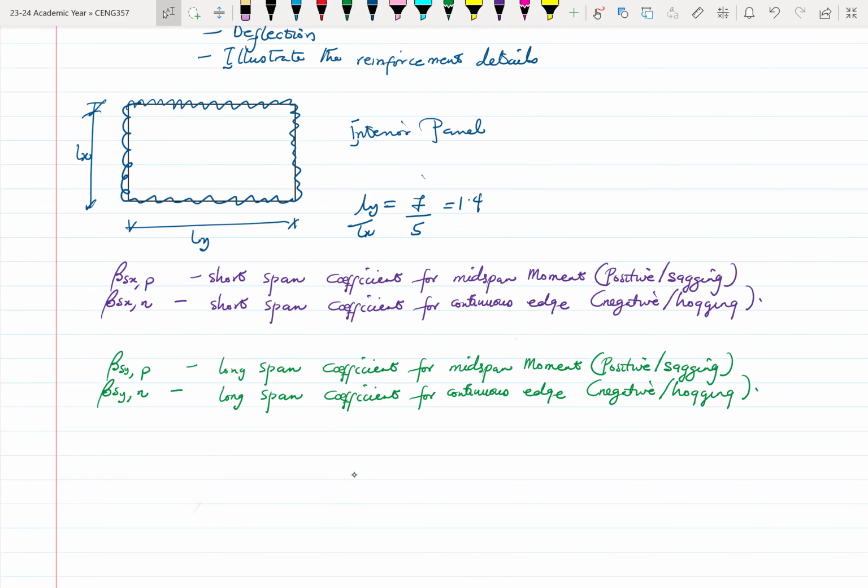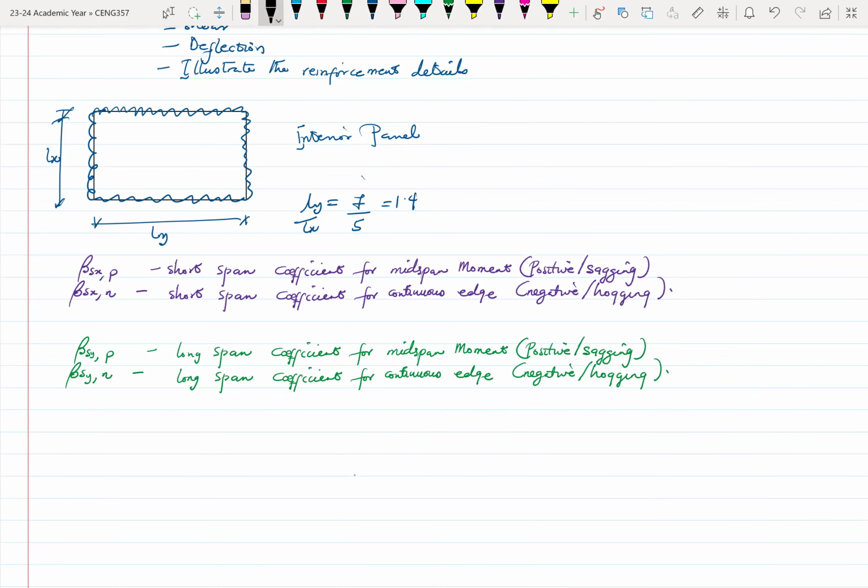So let's look at how to get these values. Now let's go to the table and find these values.